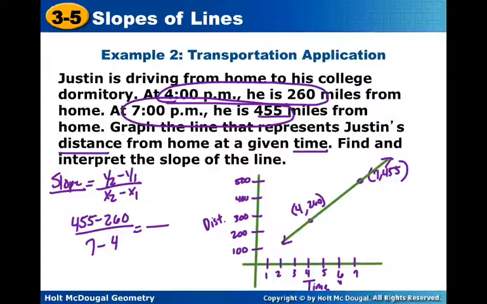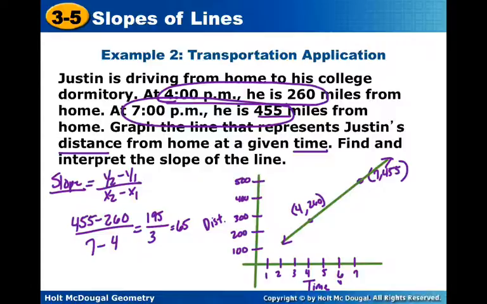So 455 minus 260 is 195. And then 7 minus 4 is 3. Well, that will reduce to 65.